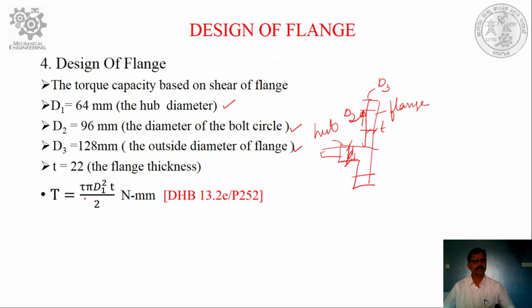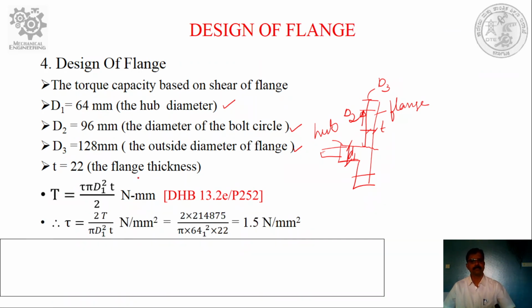Now extract the tau from here, substitute the values and calculate the induced shear stress. After substituting the values of the dimensions of the hub, the torque transmitted, and D1 and T here, calculate the shear stress in the cast iron flange.